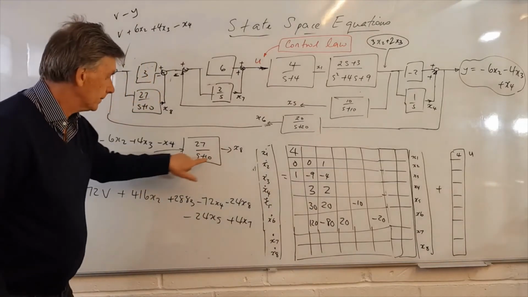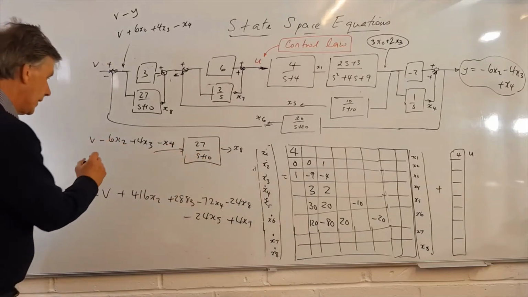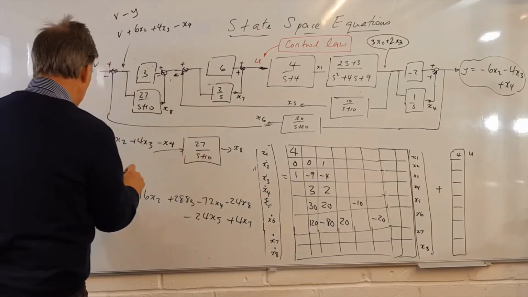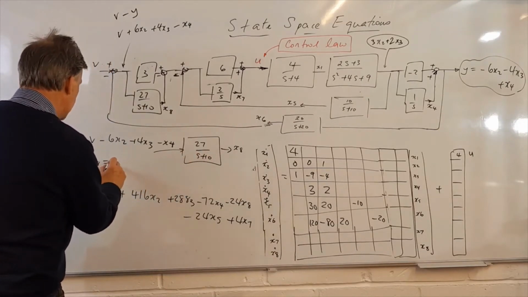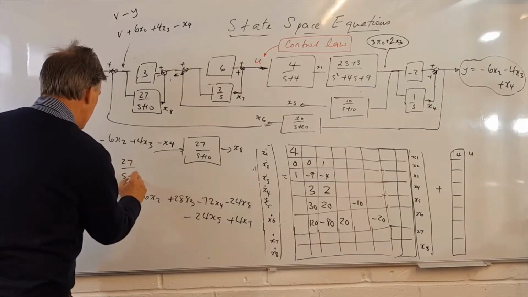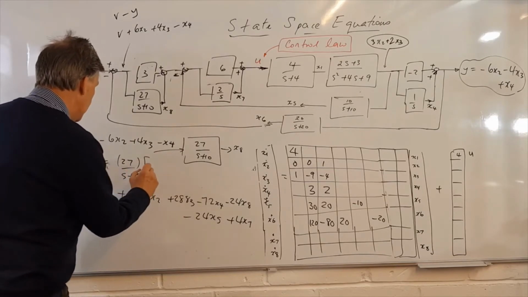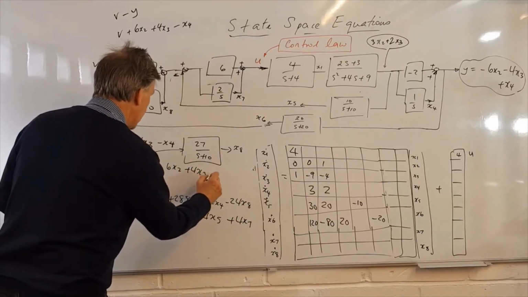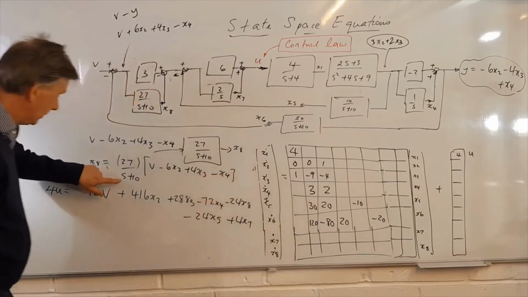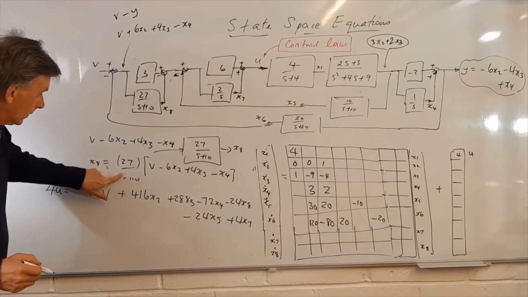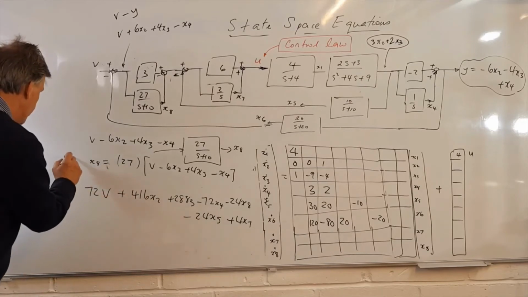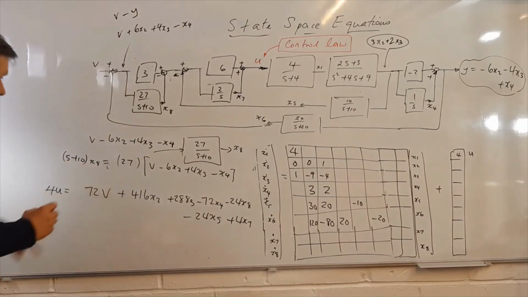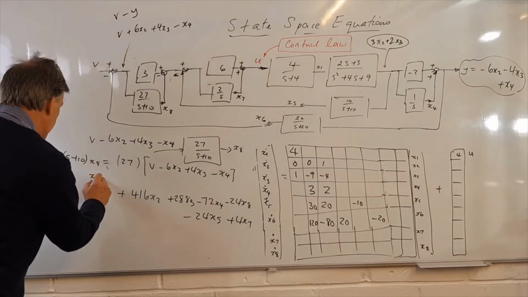So now this is this times this, so x8 is equal to 27 over s plus 10 into v minus 6x2 plus 4x3 minus x4. And we can move the s plus 10 up here, so we'll get s plus 10 times that, and then s times x8 is x8 dot.